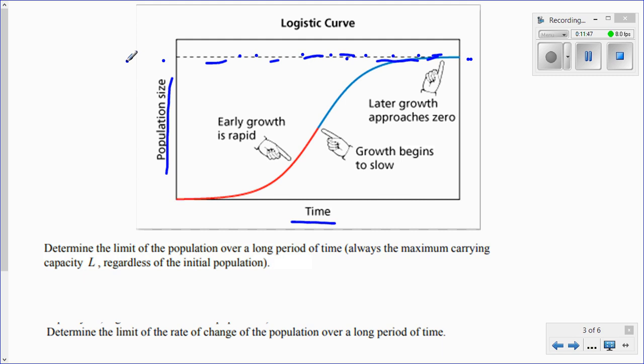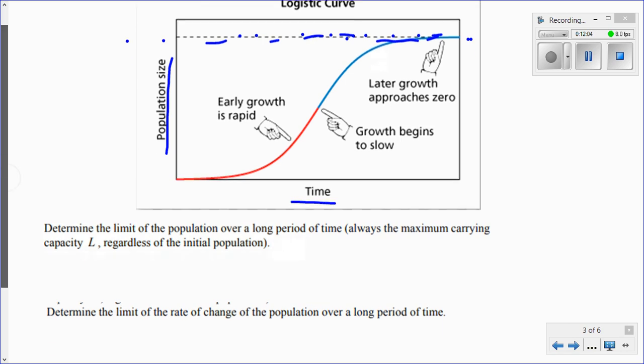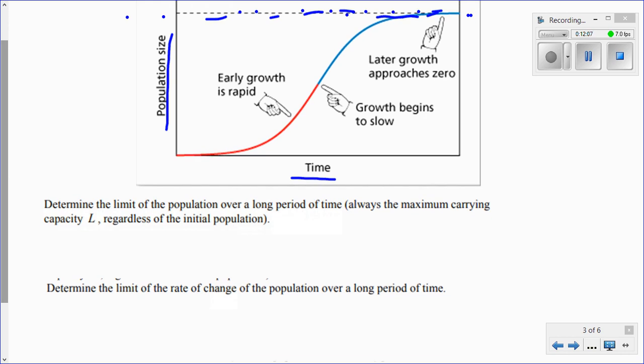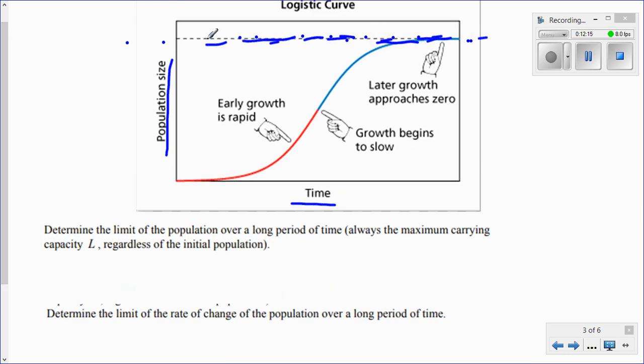Okay, so a couple things that you want to be familiar with. Well, you want to know what the basic shape of a logistic curve is, because sometimes you'll be asked to pick a graph represented by the differential equation or the solution to the differential equation. The other thing is, a couple parts to this graph that are important is that horizontal asymptote, okay, because that's your carrying capacity.